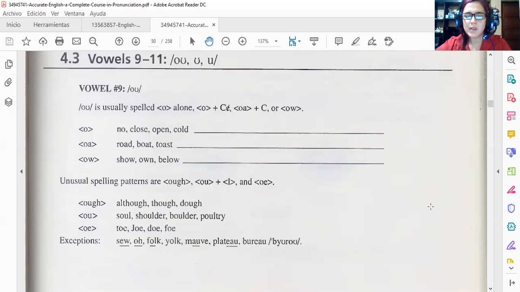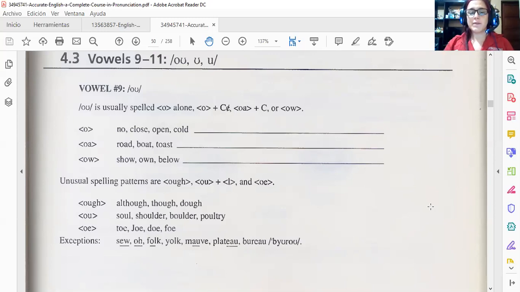Then you also have the letters OA plus one consonant, or two in some cases, or just the letters OW, okay? So we can see O, OA, and OW, like in no, close, open, cold, road, boat, and remember the paper?